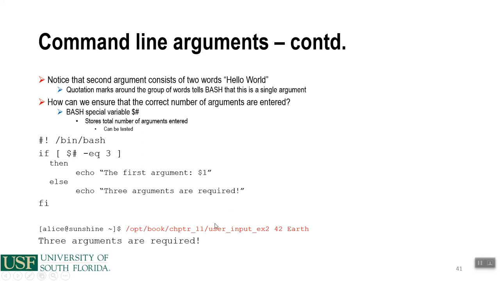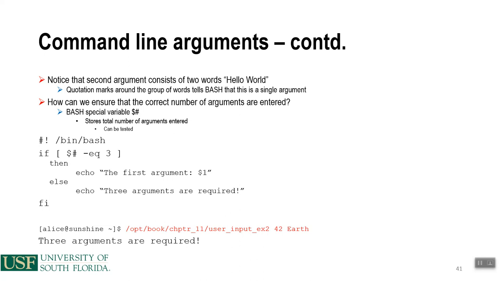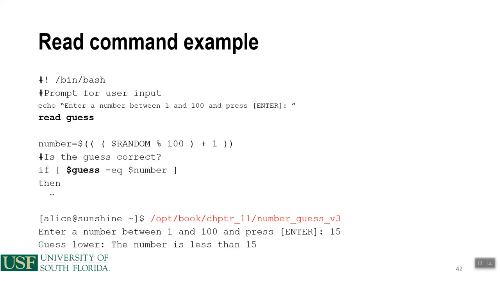So if we run this script, the file name of the script, and then 42 and earth, the error that's going to come back is that 3 arguments are required. It's actually looking for 3 different inputs. So that's in terms of the command line arguments. You go ahead and put in the command line exactly what arguments you want the script to take in.